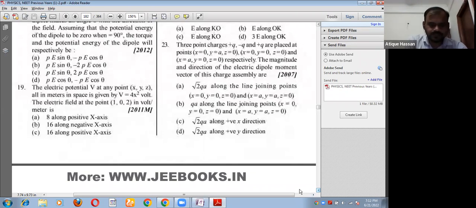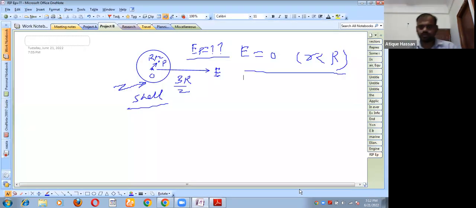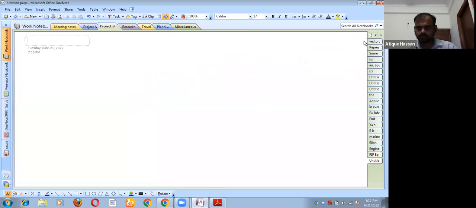So let us see what this question says. Three point charges plus Q, minus Q are placed at 0, A and 0. So first, let us draw the axes.